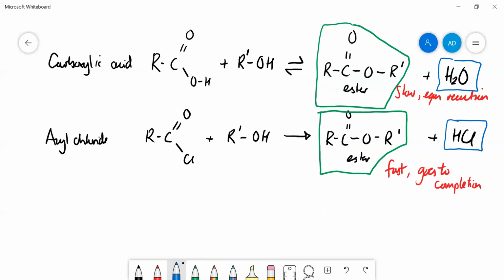Okay, let's just have a quick look at naming acyl chlorides. So this one you would call ethanoyl chloride.